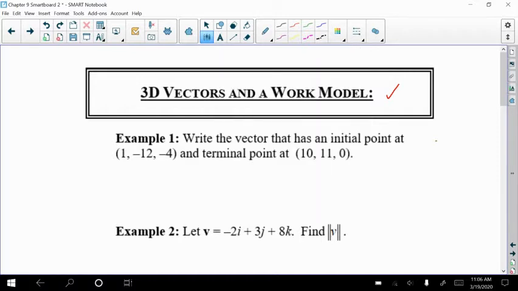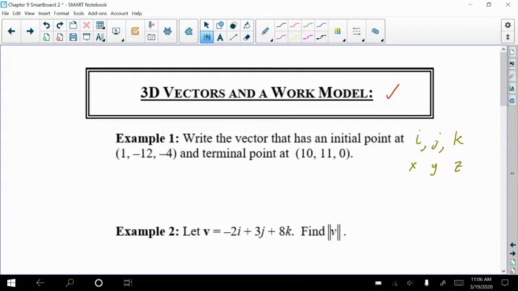But for a three-dimensional vector, there's an i component, a j component, and then also a k component for that third component, kind of coming off the page and breaking into that third dimension. If you're talking about letters, x would go with the i, y would go with the j, and z, which is that third dimension, would be for your k.